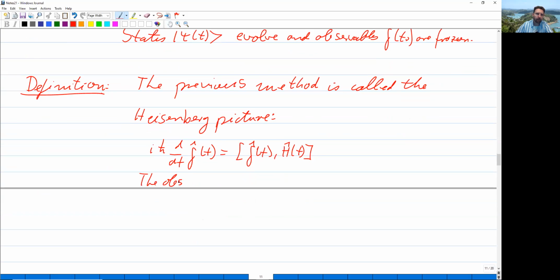The observables evolve, the state psi is frozen. All right. Any other comment?